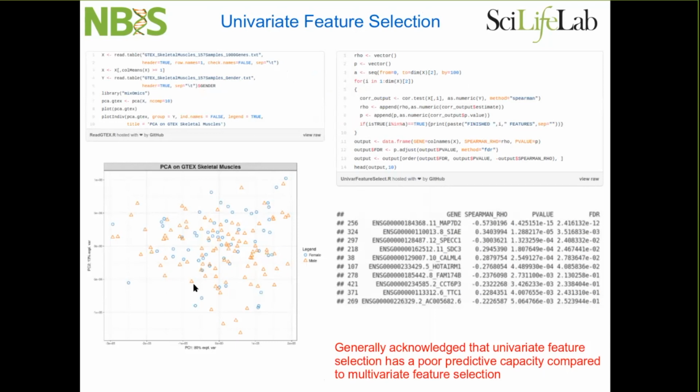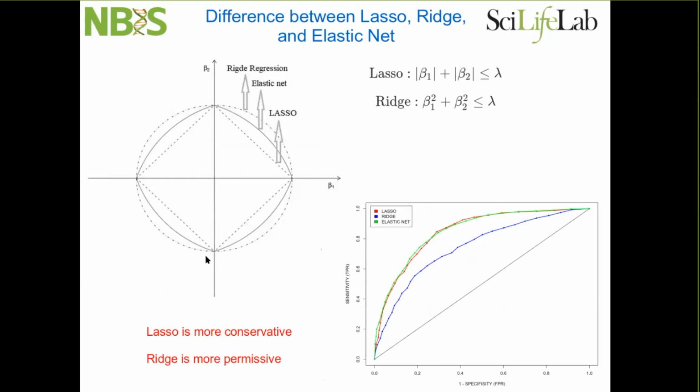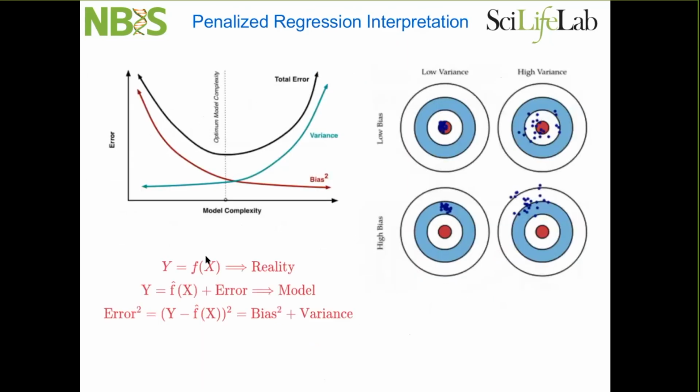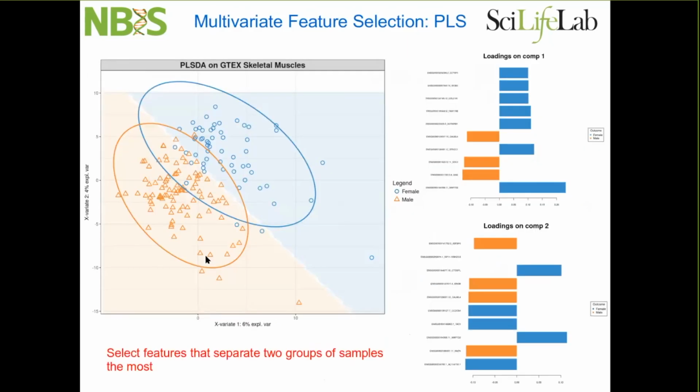So you see the dramatic difference between PCA and PLS. Yes, here. You see that now the samples, males and females, tend to be more separated. This is exactly what PLS does. You can think about PLS as taking a PCA and then extracting features on the X and Y axis in your principal components.